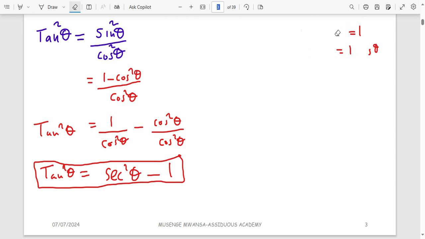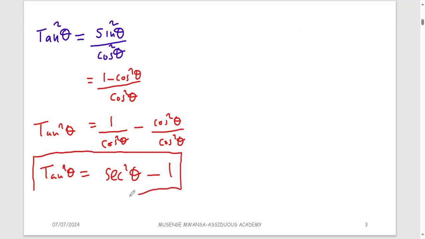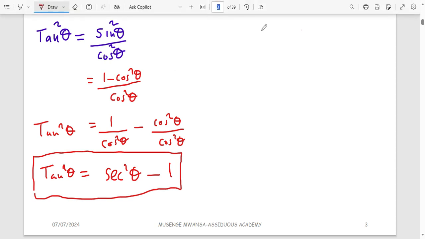Who knows the reciprocal for tan? What is the reciprocal for tan? Now, the opposite for tan is cot.